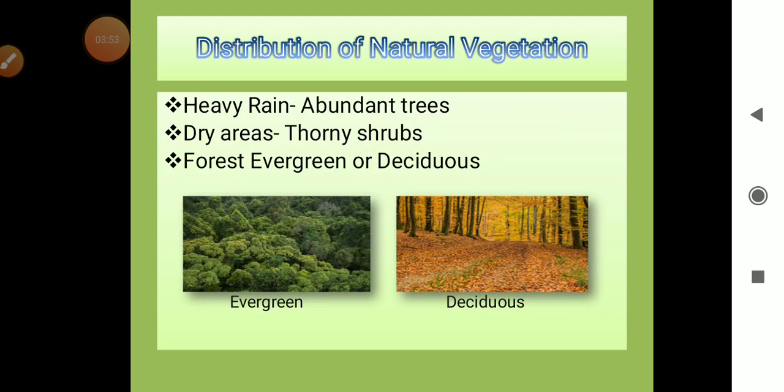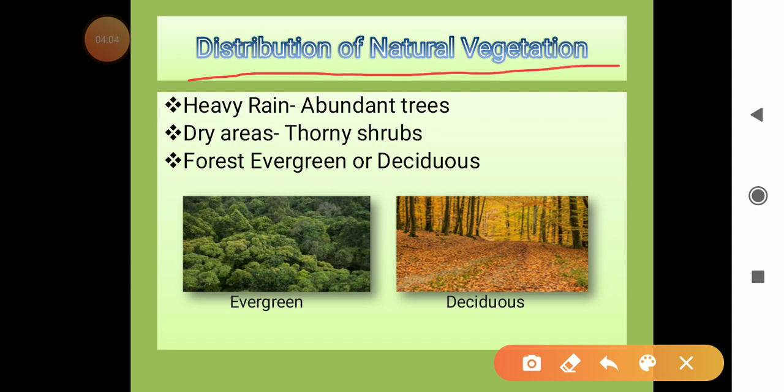Now next, let's move to the distribution of natural vegetation. The growth of vegetation depends on temperature and moisture. The major types of vegetation of the world are forests, grasslands, thorny shrubs, tundra vegetation, and evergreen and deciduous forest.